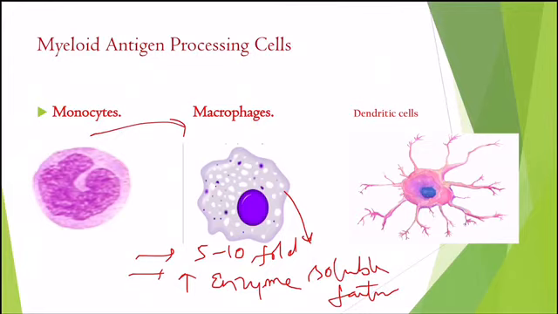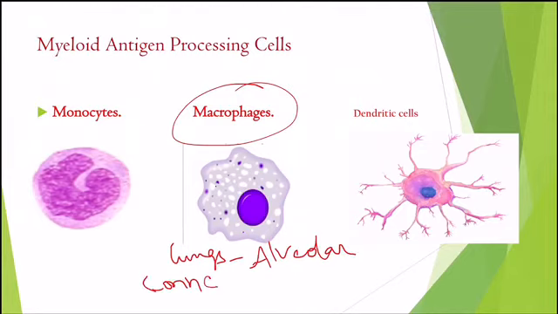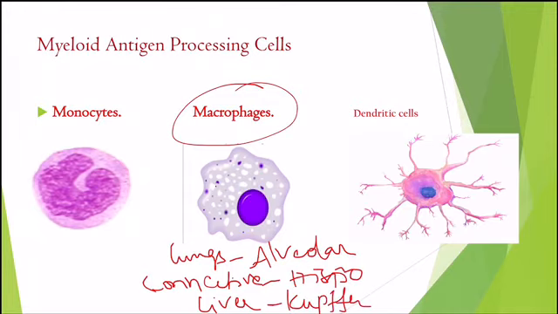Macrophages serve different functions in different tissues and are named according to their location. In the lungs, they are called alveolar macrophages. In connective tissue, they are called histiocytes, and in the liver, Kupffer cells. In the brain, they are microglial cells, in the kidney, mesangial cells, and in the bone, osteoclasts.